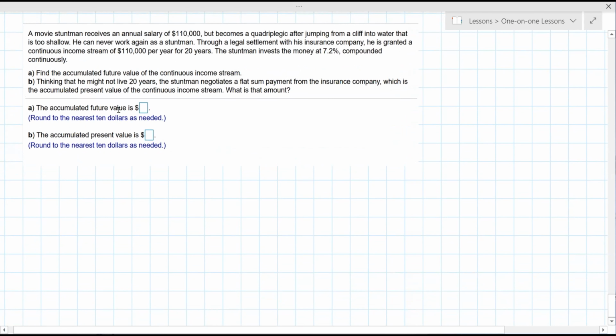All right, so the accumulated future value and accumulated present value. I think I need to look these up because I don't remember the formulas for them. Accumulated future value.